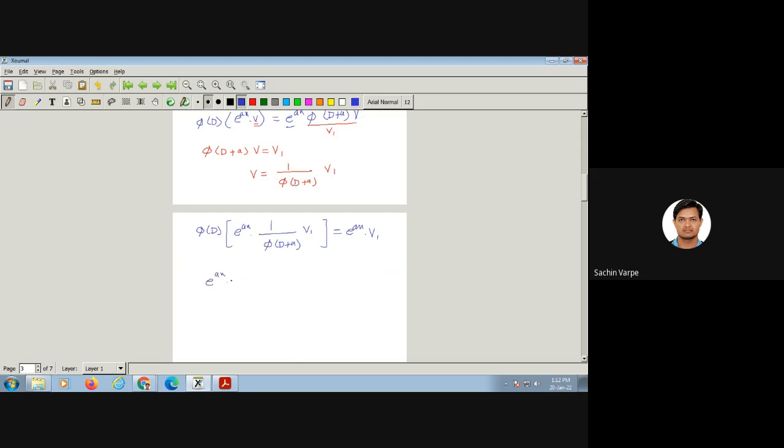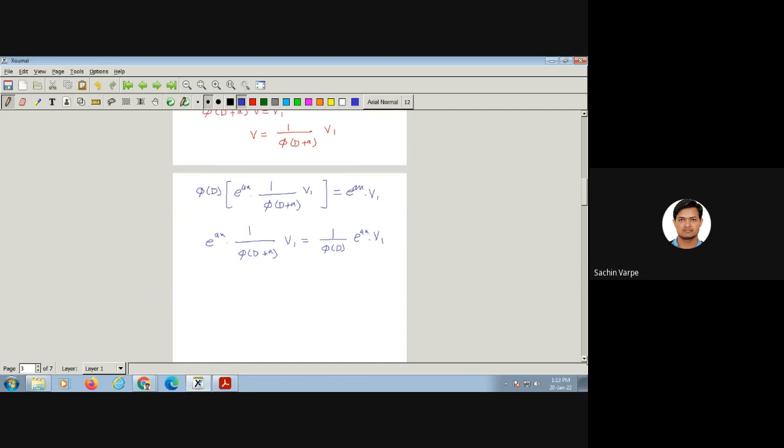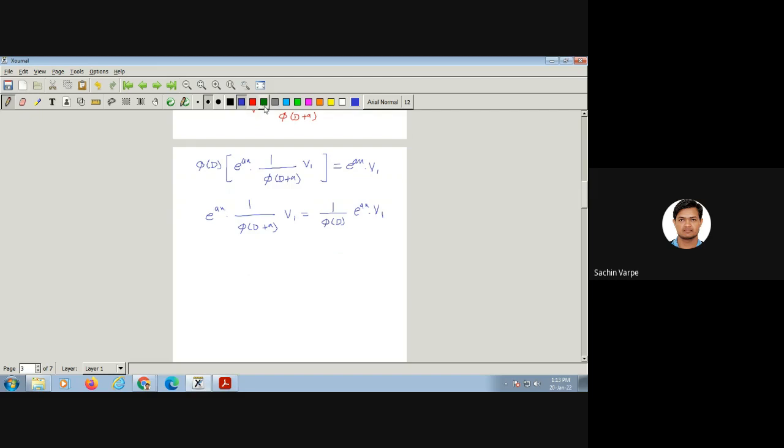E raised to ax into 1 upon phi of D plus a operated on v1 will be equal to 1 upon phi of D, e raised to ax into v1. So from here I got the formula. Instead of v1, if I say v only, then I'll get the formula of particular integral. Clear to everyone? Yes, sir. This is the logic behind the formula actually.